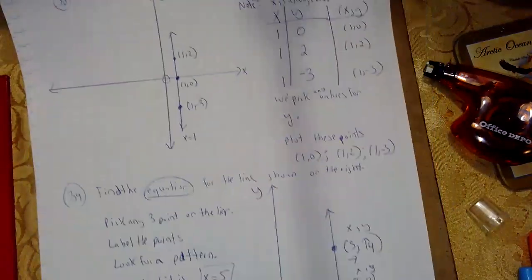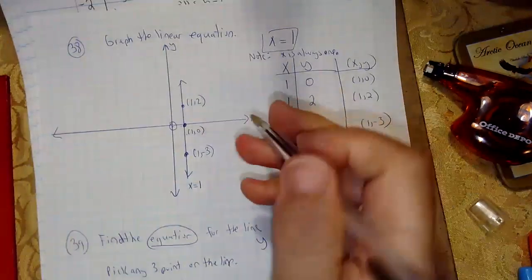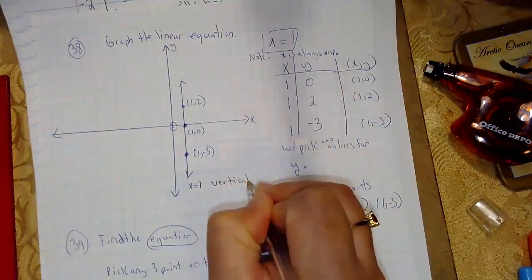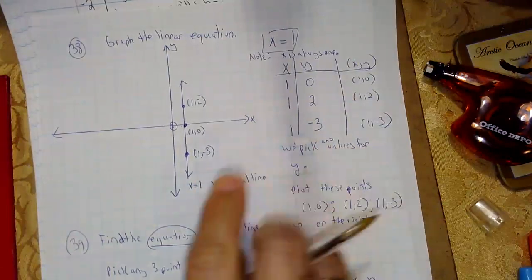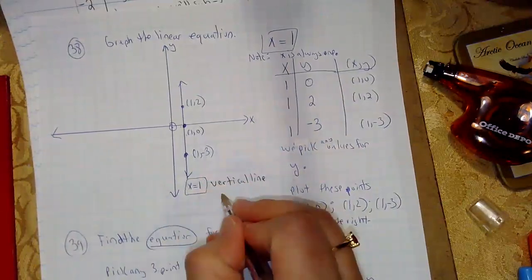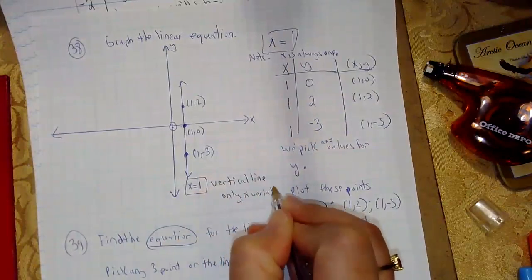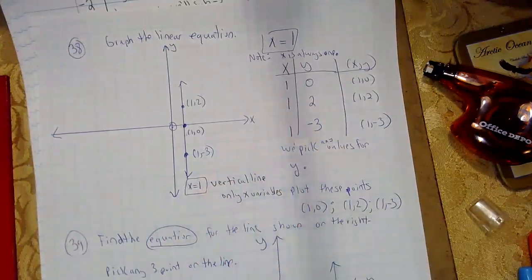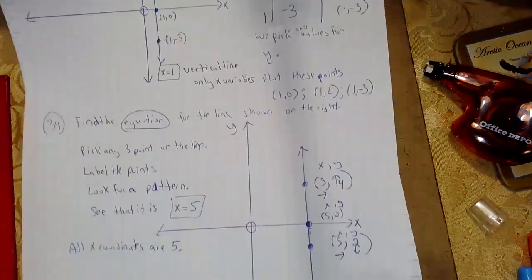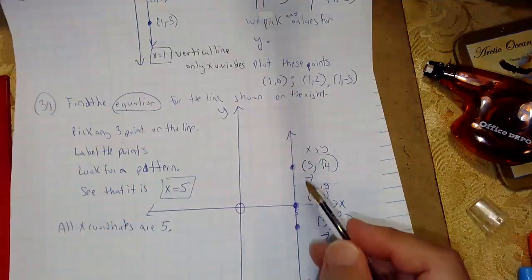Whereas over here on number 38, this is a vertical line. Look at your equation. You have only x variables. Okay. See here, number 39.